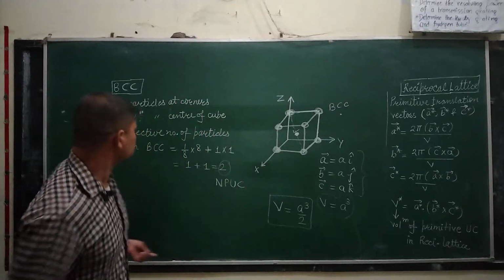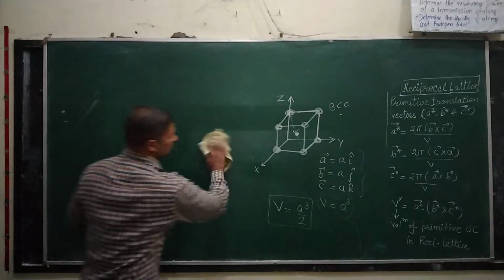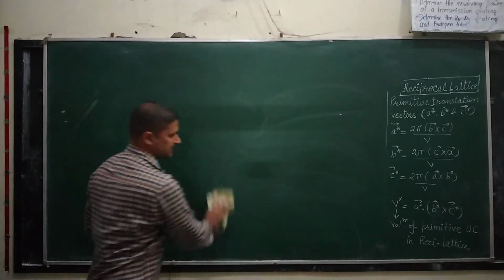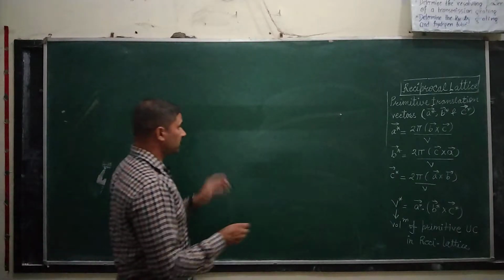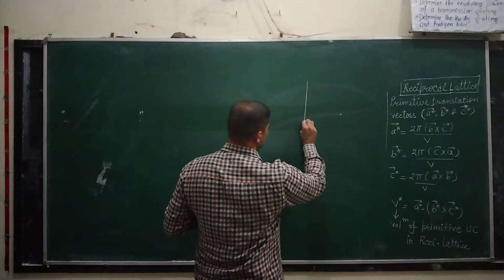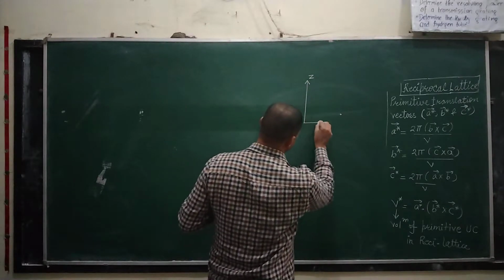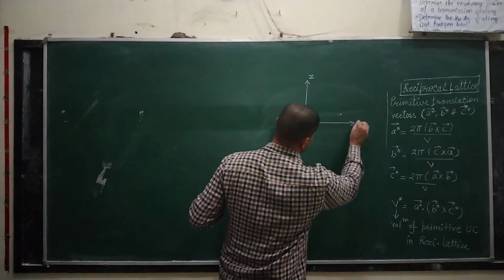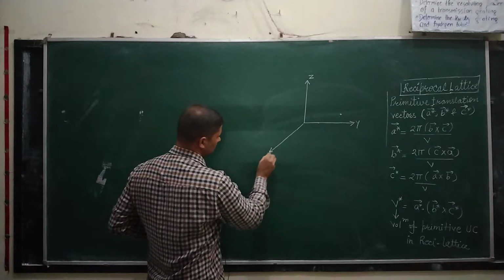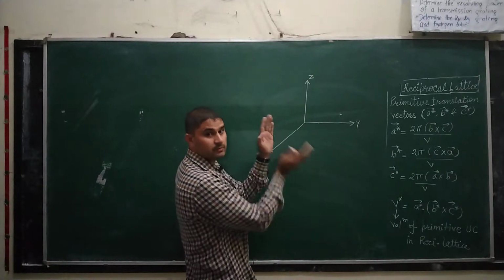Now see, for body centered cubic I will choose this as Z direction, this as Y direction, and here you have X direction. Okay, I am making here 3 faces.